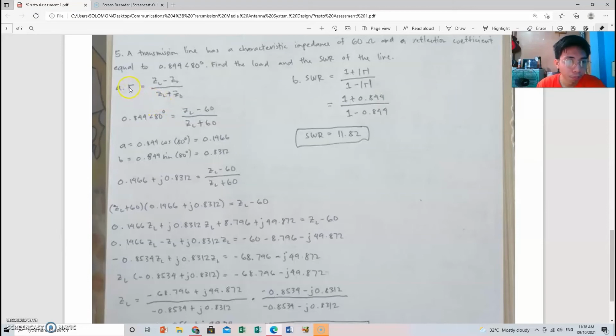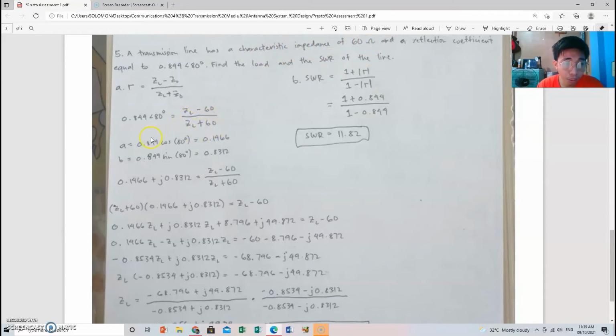The formula we will use is the reflection coefficient is equal to Z sub L minus the characteristic impedance over Z sub L plus characteristic impedance. So the reflection coefficient is given as 0.844 angle 80 degrees, is equal to Z sub L minus 60, the characteristic impedance is 60 ohms, all over ZL plus 60.